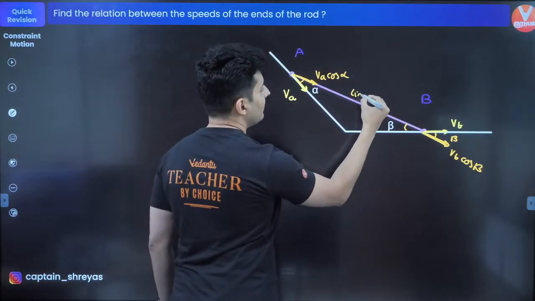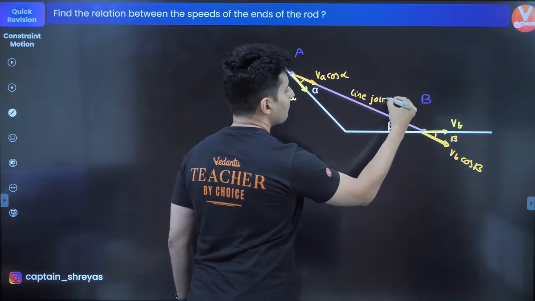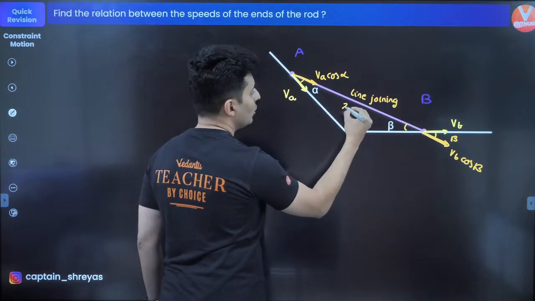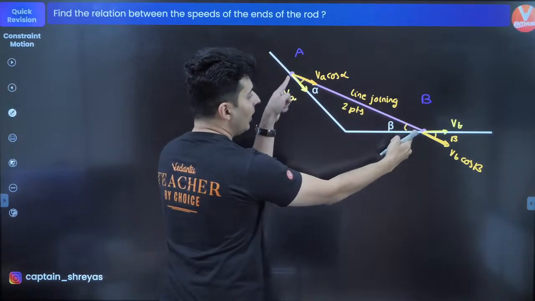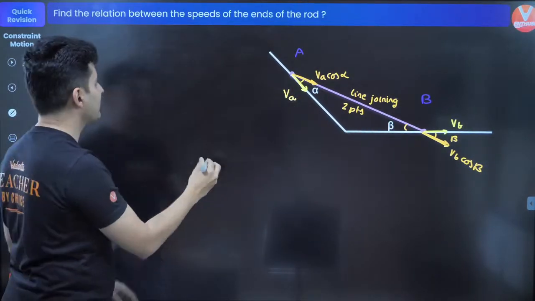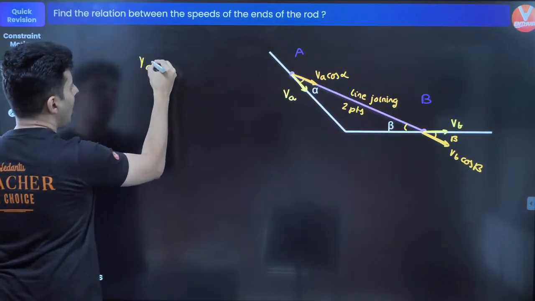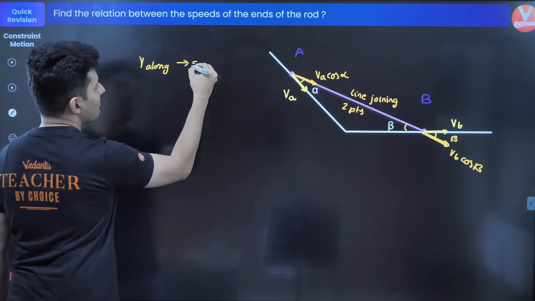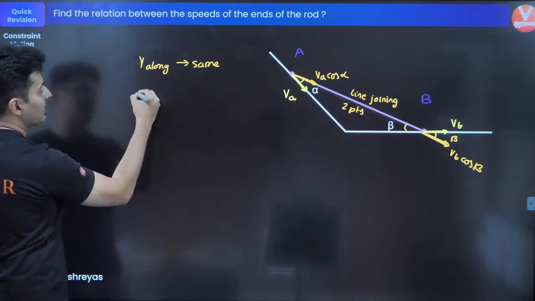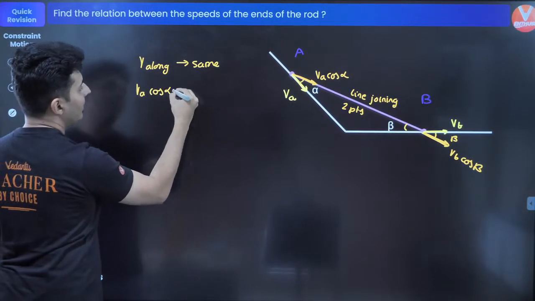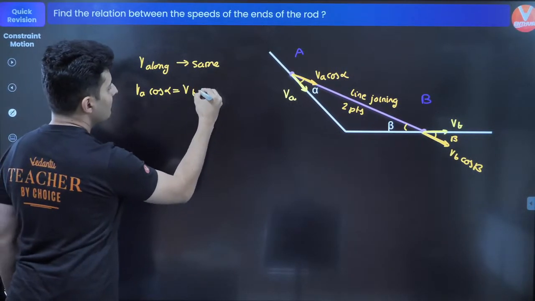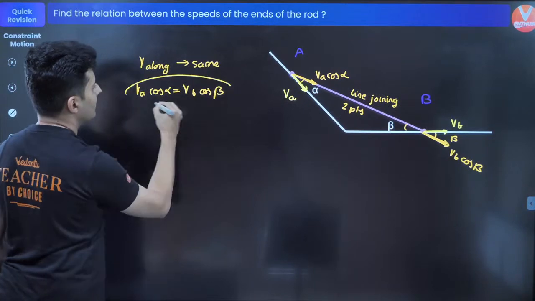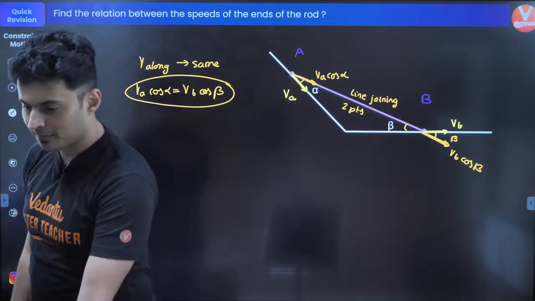This is that line joining two points. So along this line, the velocity should be basically same. Hence VA cos alpha should be equal to VB cos beta. That's it. That's the answer.